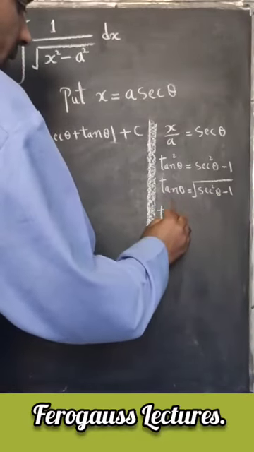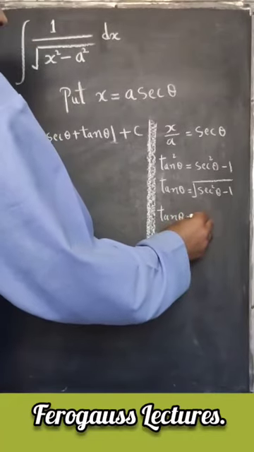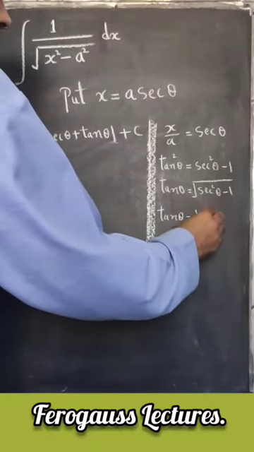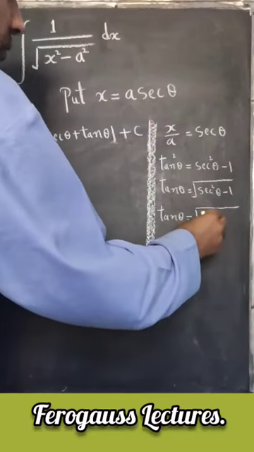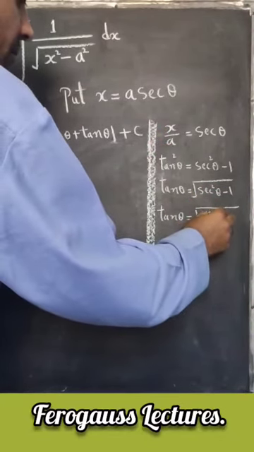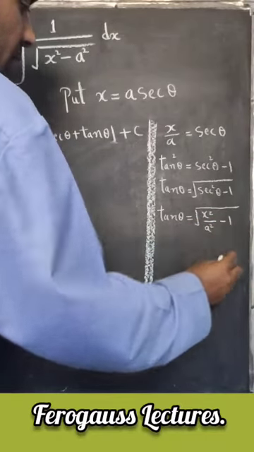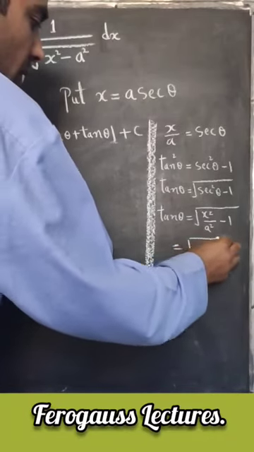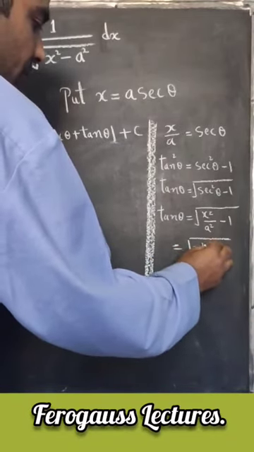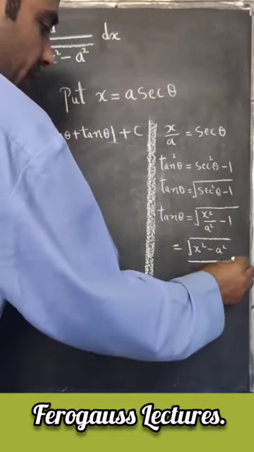Or tan of theta is equal to square root of, now instead of secant theta we can use x by a, so we get x square by a square minus 1, that is equal to square root of x square minus a square divided by a.